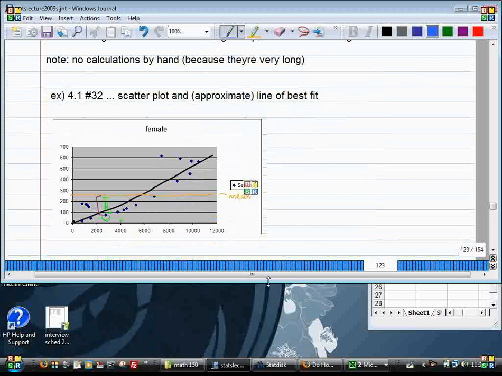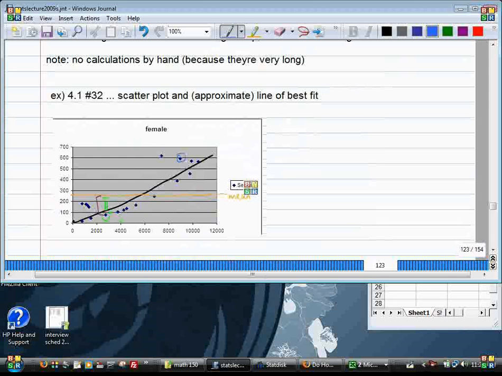So for example, this is, I forget what data was being represented here, but this point represents what data values? This is not years and salary, so I forget what the numbers represent.